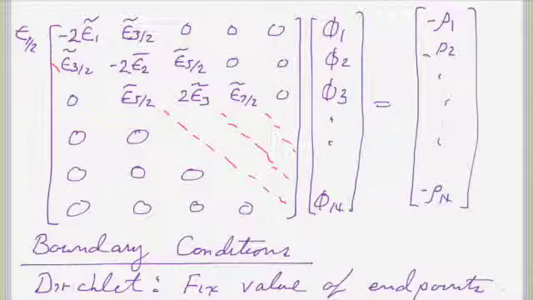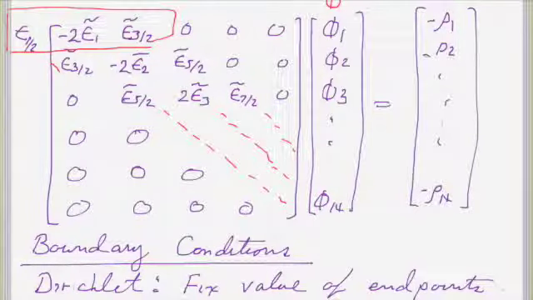If we look at this row, our first row, which is going to be affected by this boundary condition, there should really be a phi 0 sitting up here, which multiplies that epsilon 1/2, right? But the boundary condition is you fix the value of phi 0.